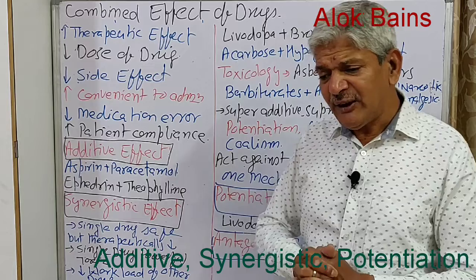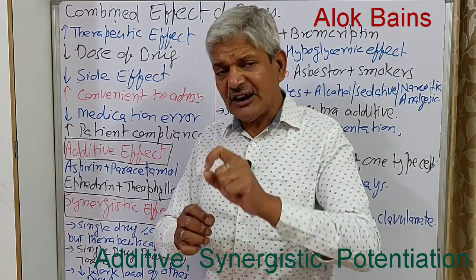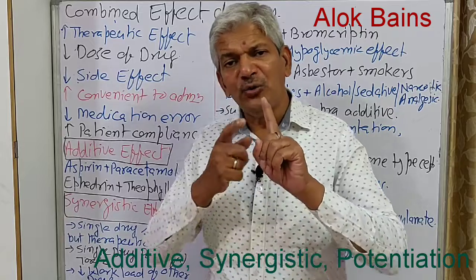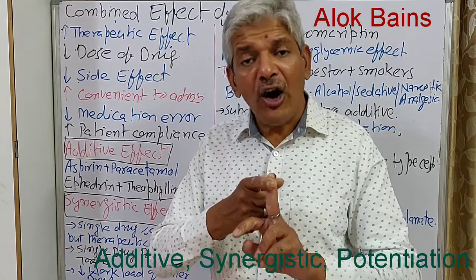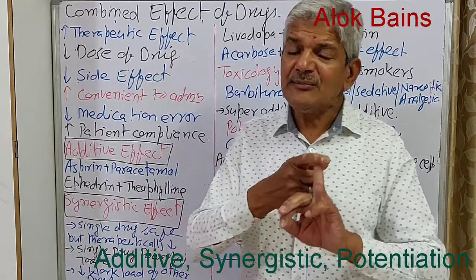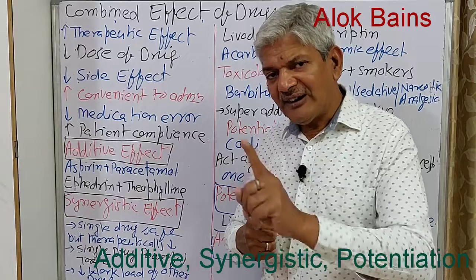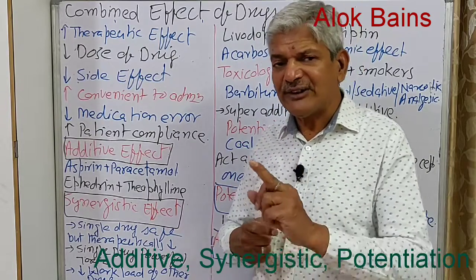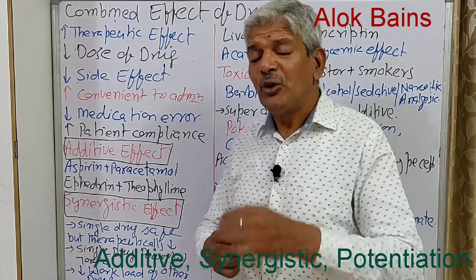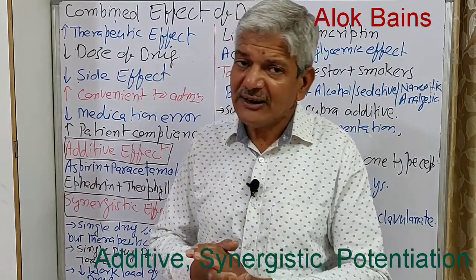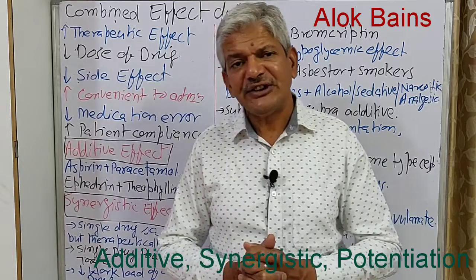Usually, synergistic effect is produced by those drugs that act at one target or at one type of cells or by one mechanism pathway. Means both drugs are affecting one target, or both drugs are affecting one type of cells, or both drugs are acting through a similar mechanism of action, and in that case these drugs may produce the synergistic effect.